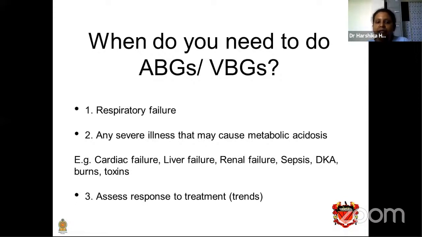And also, we perform serial blood gases to assess the response to our interventions. For instance, imagine there's a patient on a ventilator for type 1 respiratory failure, and we have increased our FiO2, and in about 1 hour or so, we would like to know what change has been made in the patient's oxygenation level from our therapeutic intervention.